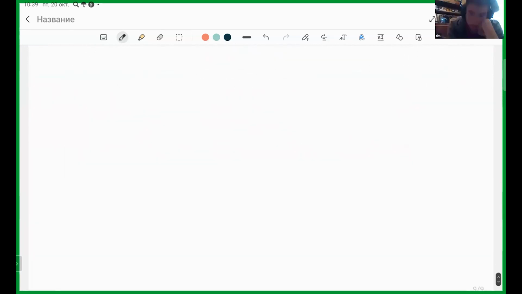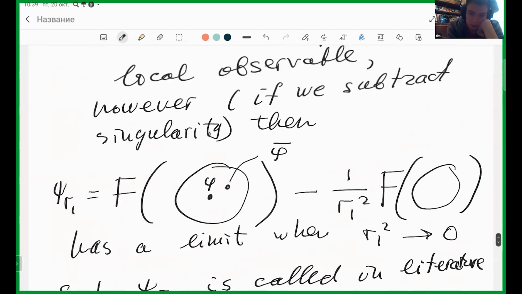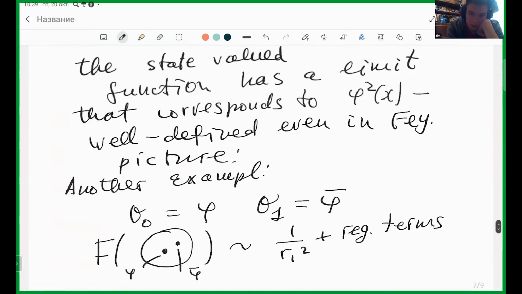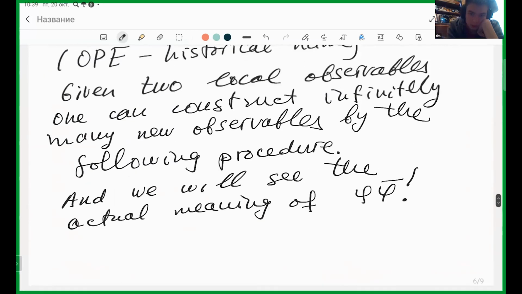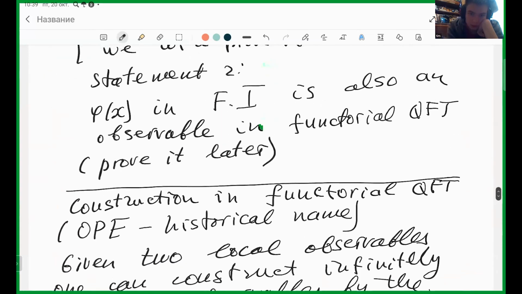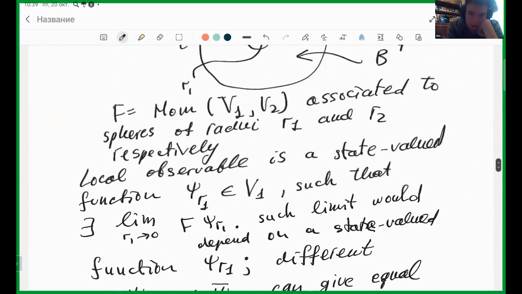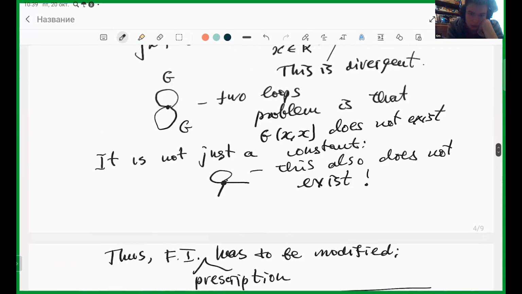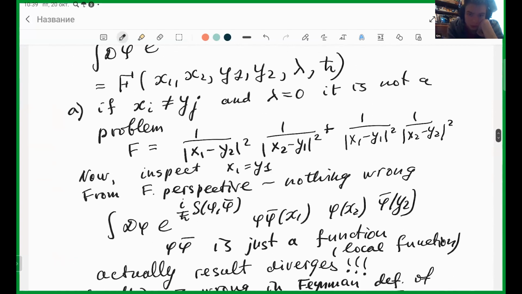Can you scroll up to the place where you originally wrote this down?